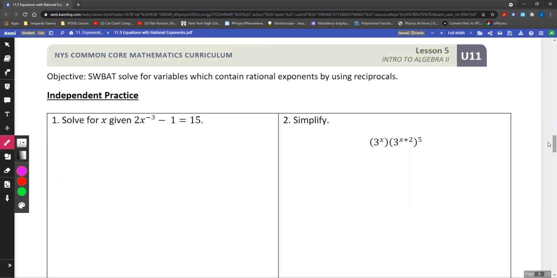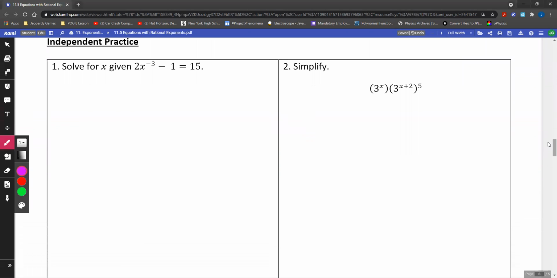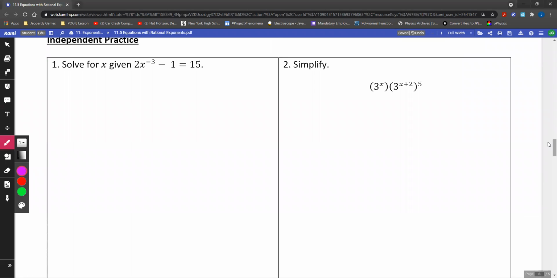Okay, so for these questions, we're going to do the same thing that we were doing before. We're going to add the 1 over to the other side. Divide both sides by 2.